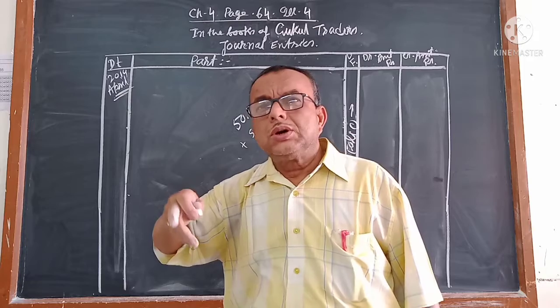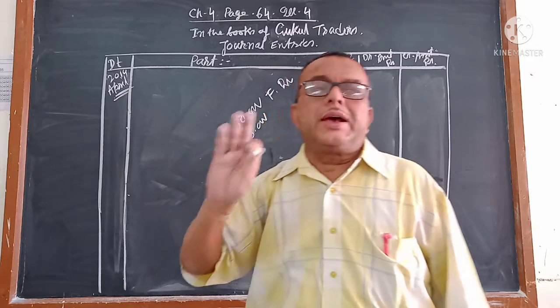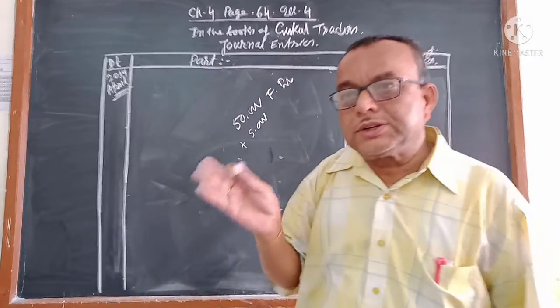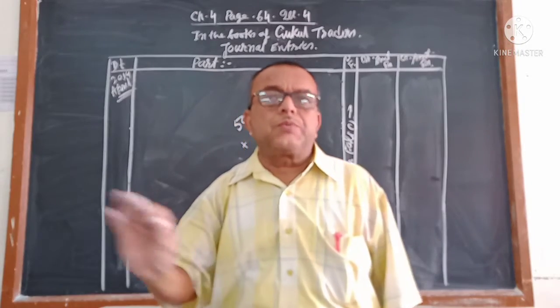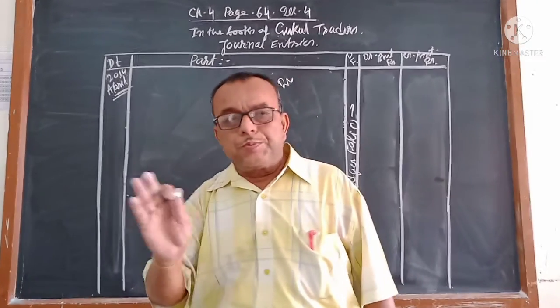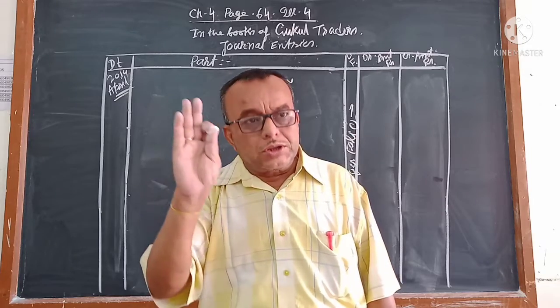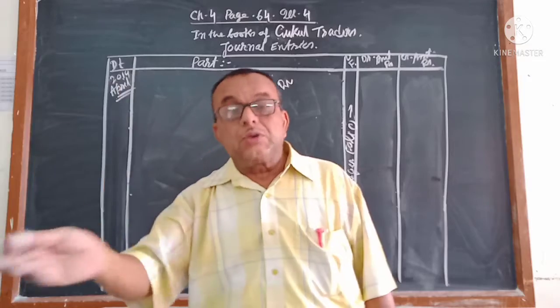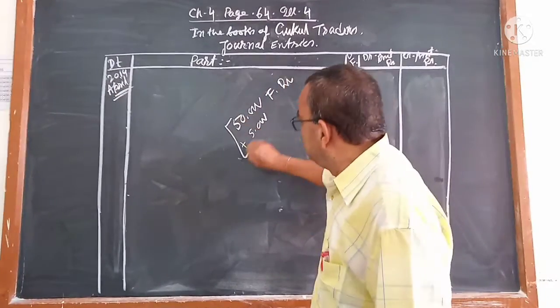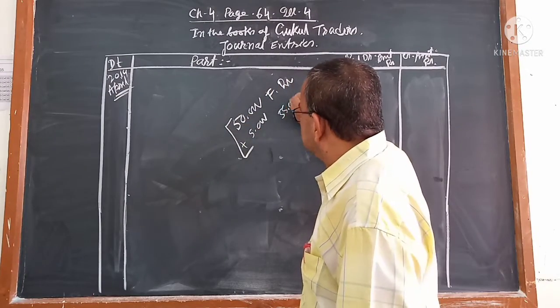What is the rule? If you buy any assets and for the settlement or the carrying cost or for any purpose you pay any money for this asset, that amount, assets account will be debit. Meaning assets account will be debit 55,000.